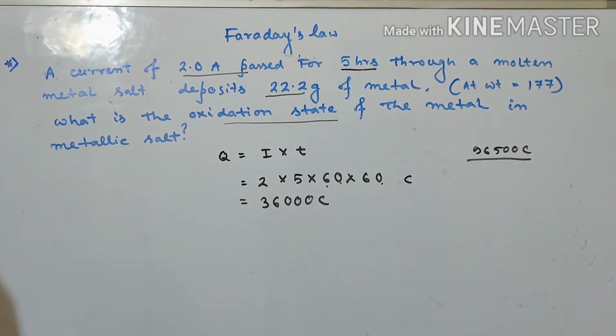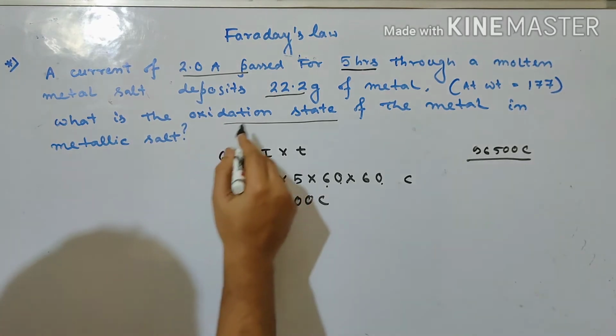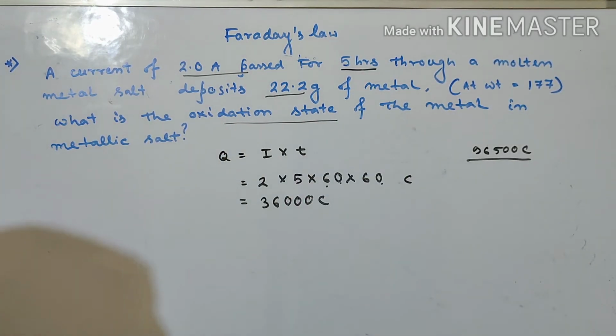Because for this particular metal, as per the question, the atomic weight is already given. We have to find out only the oxidation state of the metal in this metallic salt.